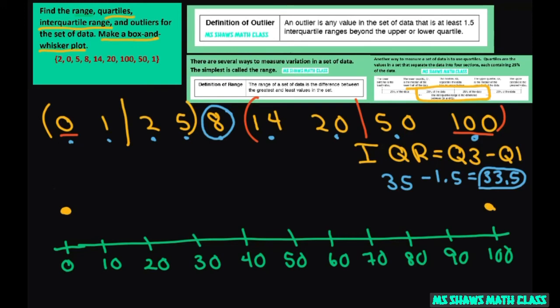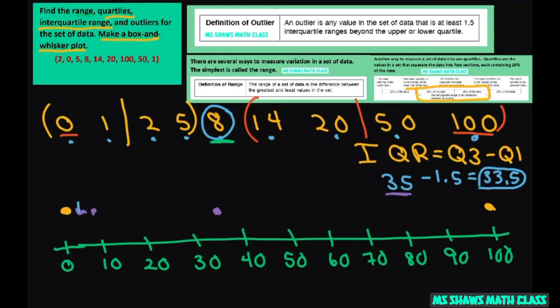My median, or quartile 2, was 8. So that goes about there. And then I had 1.5 here. And for this I had 35, which is about there. So now you make your box.